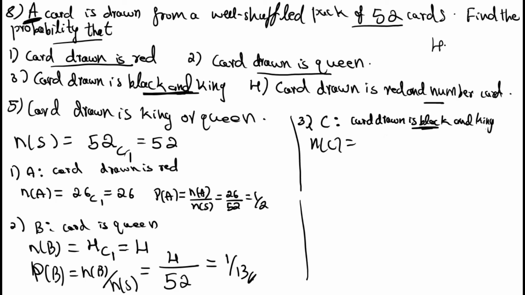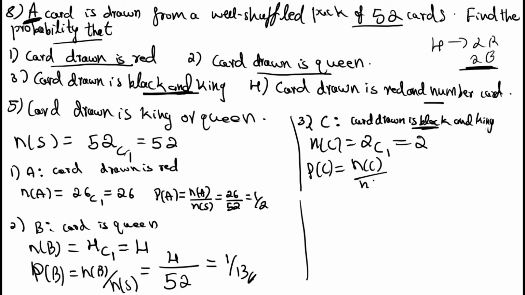Because out of 4 kings, 2 red and 2 black. We saw that in the chart, right? So your card must be black and that must be king, so it's equal to 2 cards. So 2C1, out of 2, a card is selected. 2C1 value is equal to 2. So probability of C is equal to n of C divided by n of S. It's equal to 2 divided by n of S, which is 52. Its value is equal to 1 by 26.